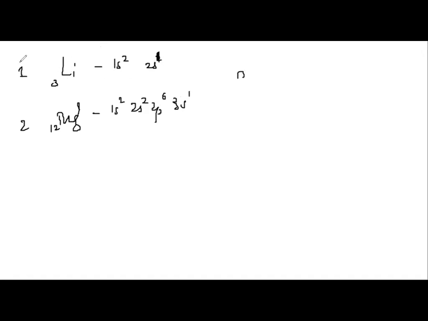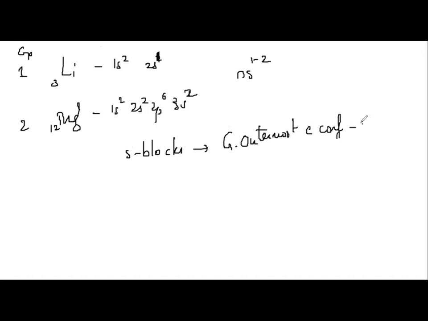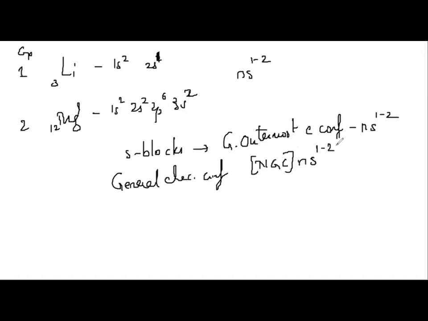How many electrons for group 1? It is s only, with 1 electron. And for group 2, 2 electrons. So the general outermost electronic configuration of S block elements is ns1 to 2. If they ask for the general electronic configuration, inside is the noble gas configuration, and outermost is ns1 or ns2.